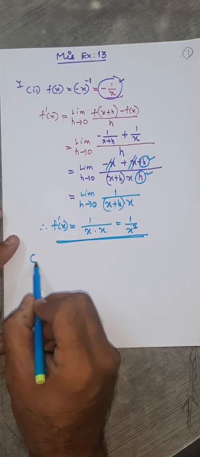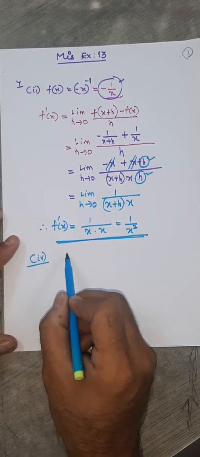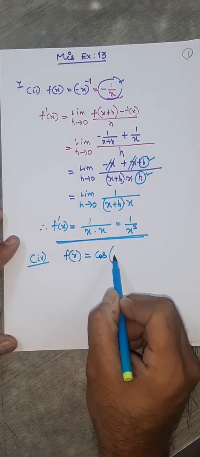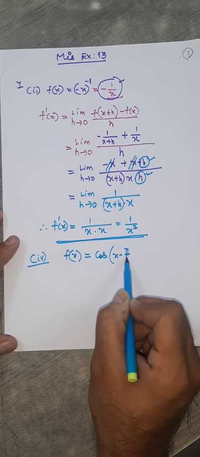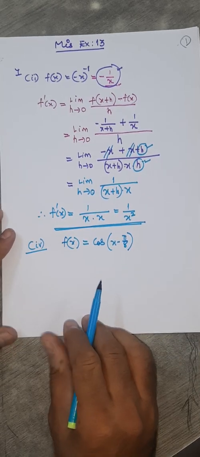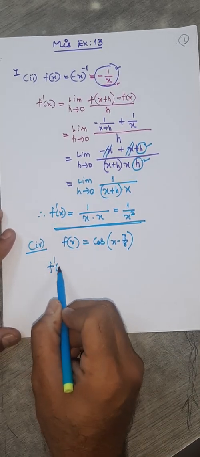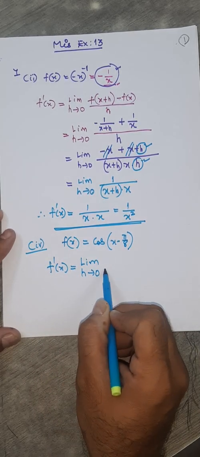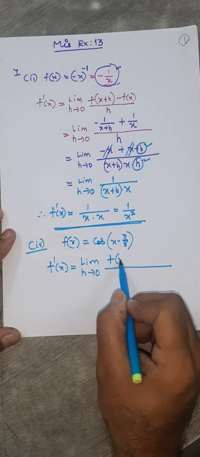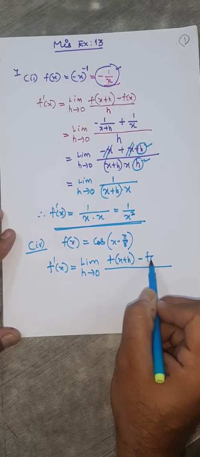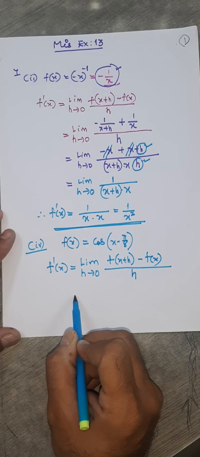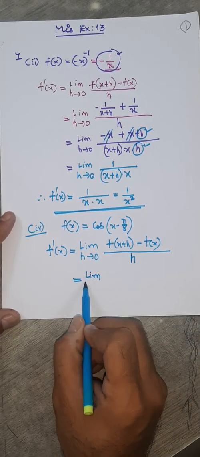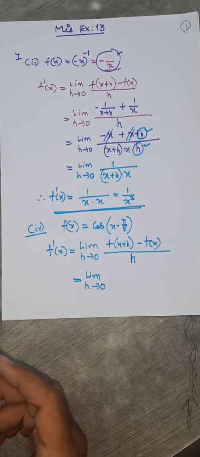We go to the fourth sub question now. f x equals cosine of x minus pi by 8. Okay. So what is f dash x? Recall limit h tends to 0 of f of x plus h minus f x upon h, which is equal to limit h tends to 0.